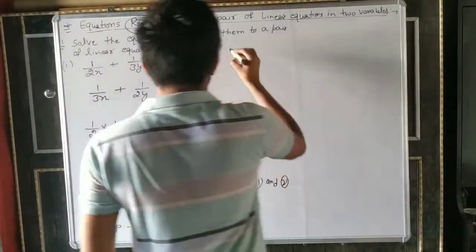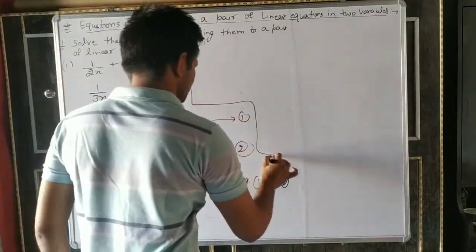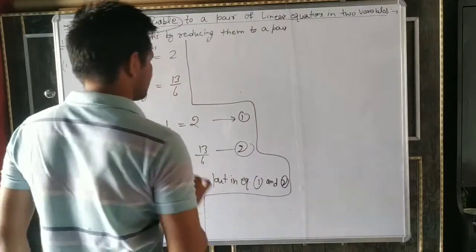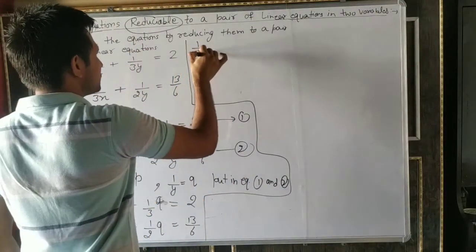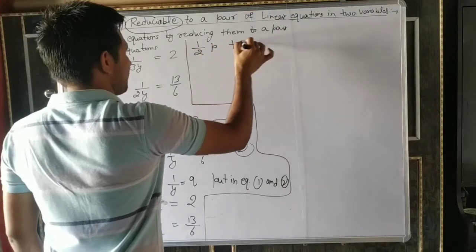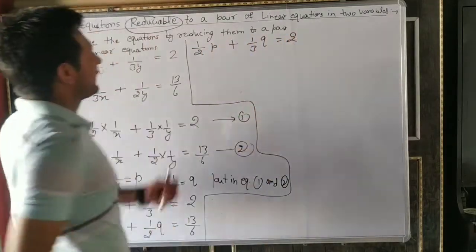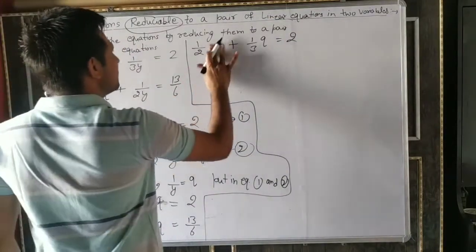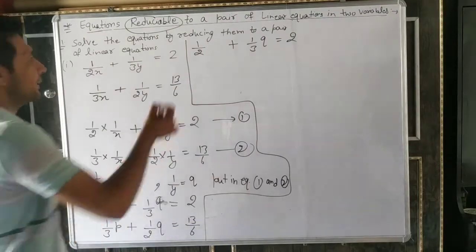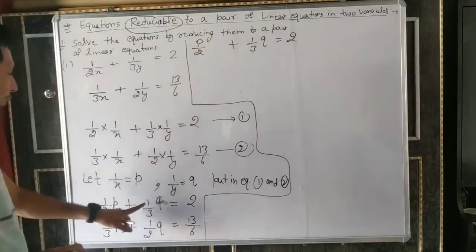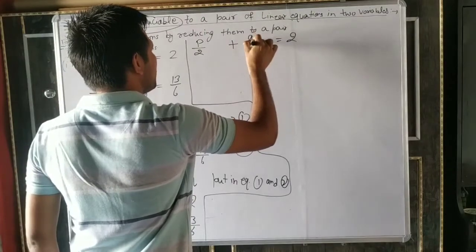Look at 1 upon 2p plus 1 upon 3q equal to 2, and these are two fractions. Now you can write 1 into p, and 1 into q upon 3.